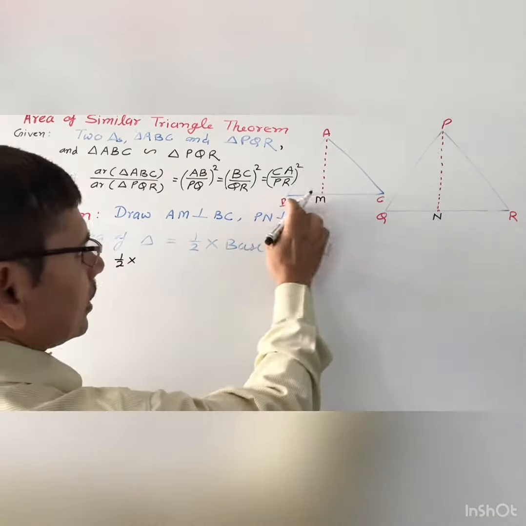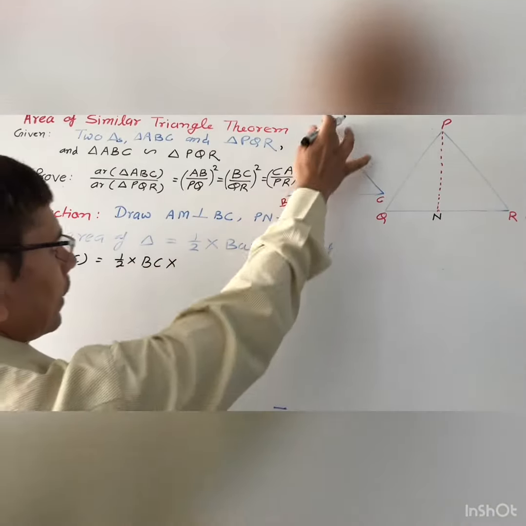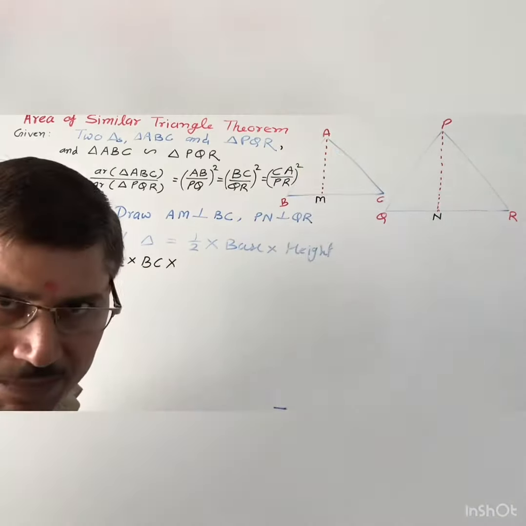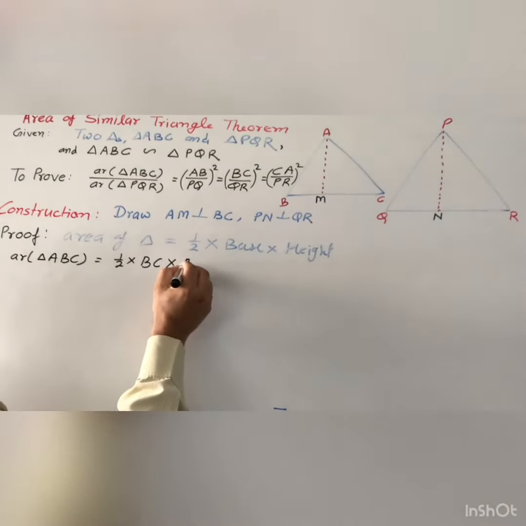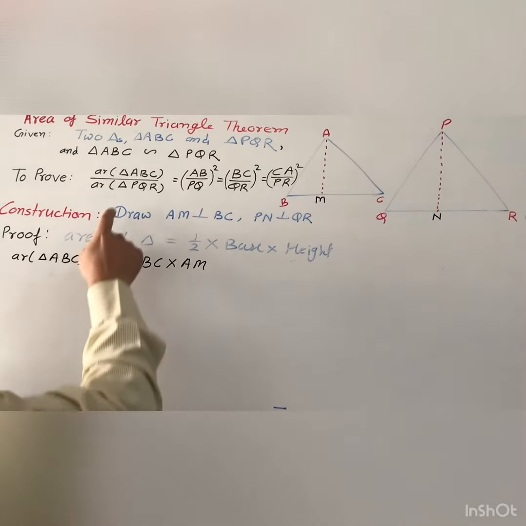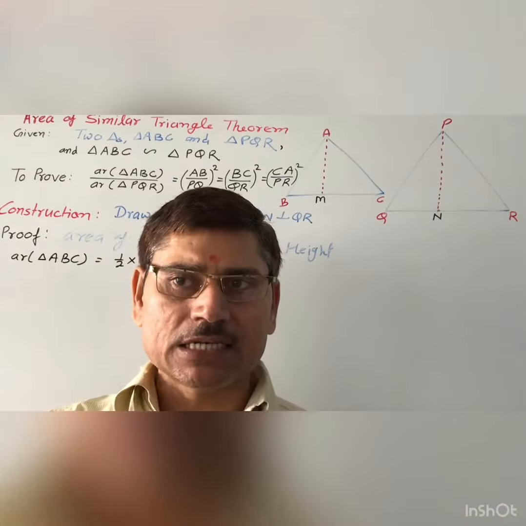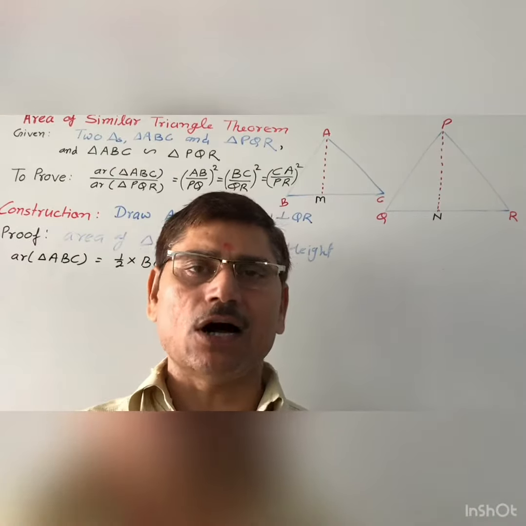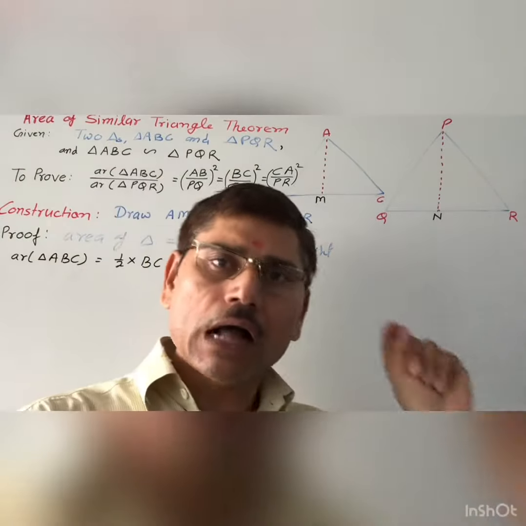You can see here BC is the base, and height means the perpendicular distance, so it is AM. Again, because the requirement is the ratio of two triangles, we will find the area of the second triangle, that is triangle PQR.